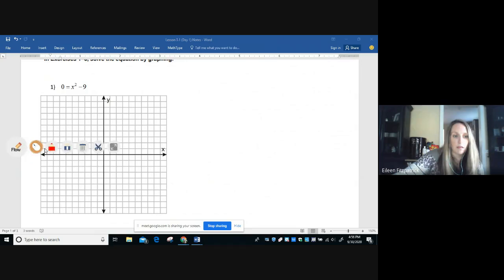So let me get my pen. Okay. So if I wrote it in standard form, because as you can see, it's missing that bx term. It has an x squared and it has a constant, but it's missing the bx. So I would write it as 0 equals x squared plus 0x, just as a placeholder.